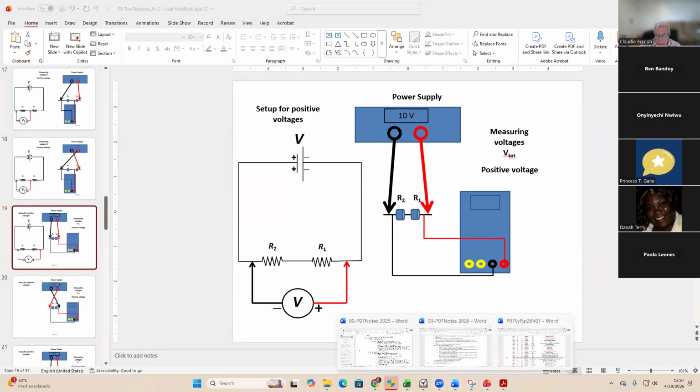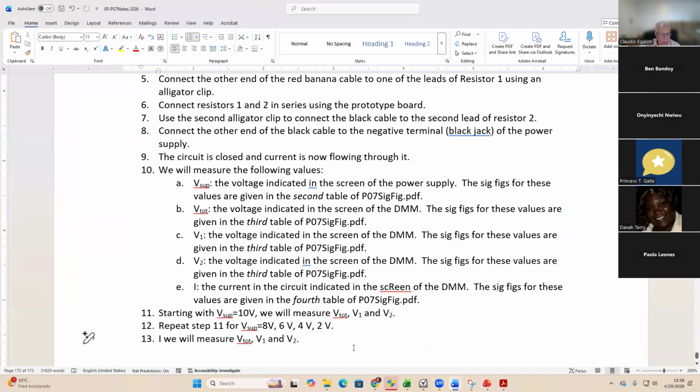I've got a document here in my notes. We'll measure V total, V1 and V2.